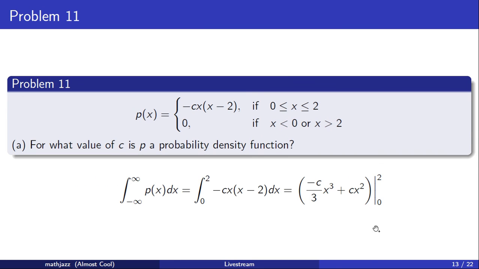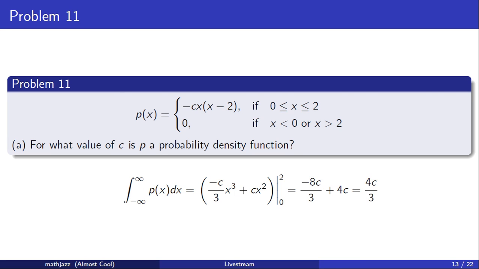So that means we need to take this integral from negative infinity to infinity, but we notice that since the function is equal to 0 when x is less than 0 or greater than 2, those parts of the integral don't matter. So we just integrate from 0 to 2, and we get our antiderivative using the power rule. We just multiply everything out and use the power rule. From there, we plug in our endpoints, and we simplify.